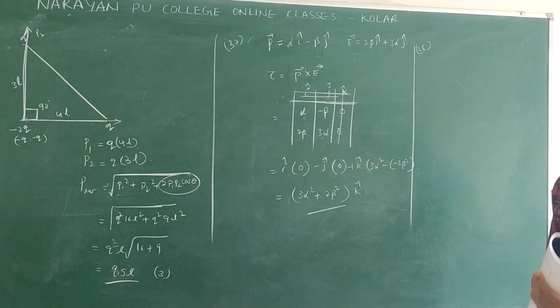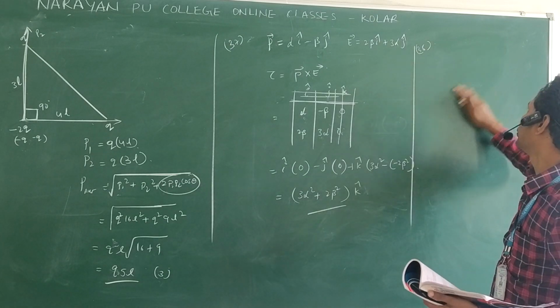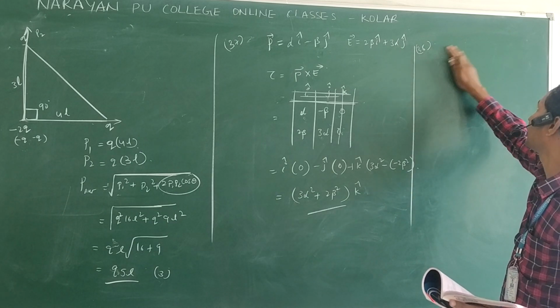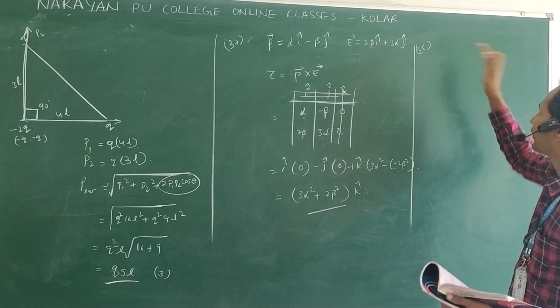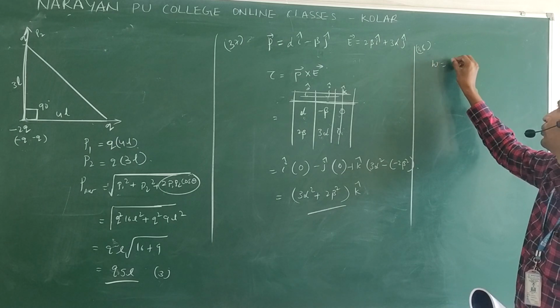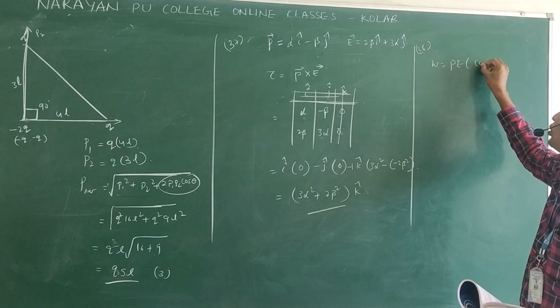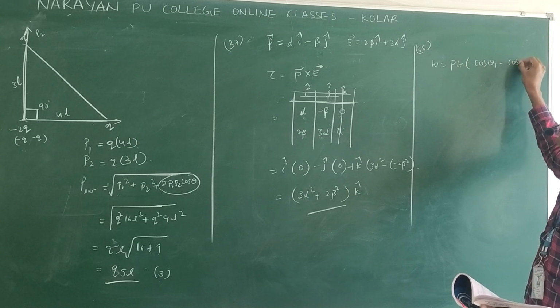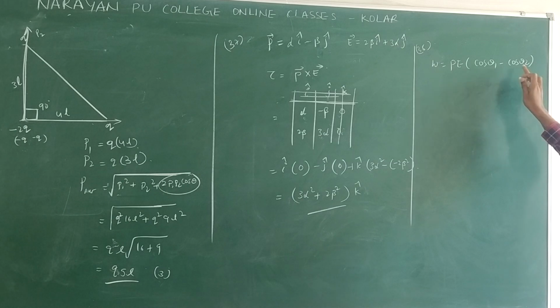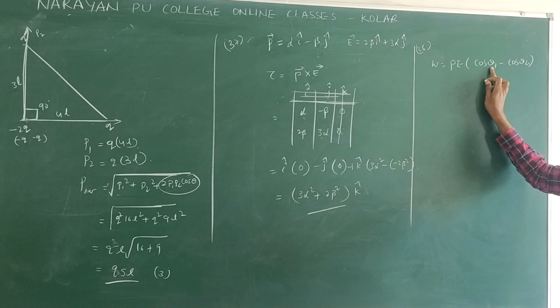They are asking for work done, in rotating the dipole from its initial position, parallel direction, to another direction. We have done this formula. Work done is equal to PE into cos theta 1 minus cos theta 2. Theta 1 is the initial angle, theta 2 is the final angle. Theta is the angle between the electric field and the dipole moment vector.